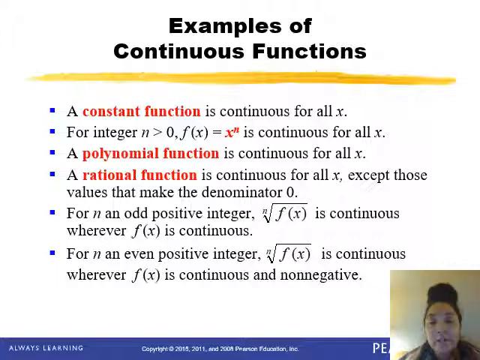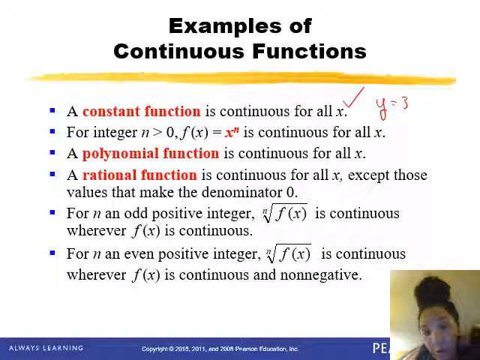A constant function is continuous for all values of x. So this is y equals 3, okay? Constant.